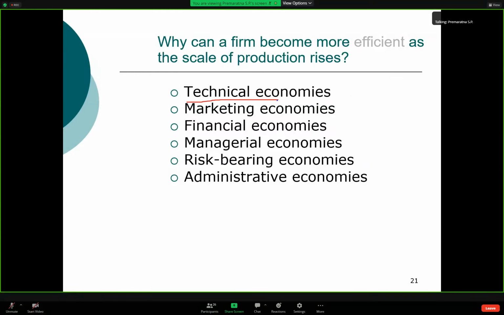You have separate technical, marketing, and financial teams, whose job is to specialize in those areas, as well as administrative and human resources. With that, the firm gets benefit.